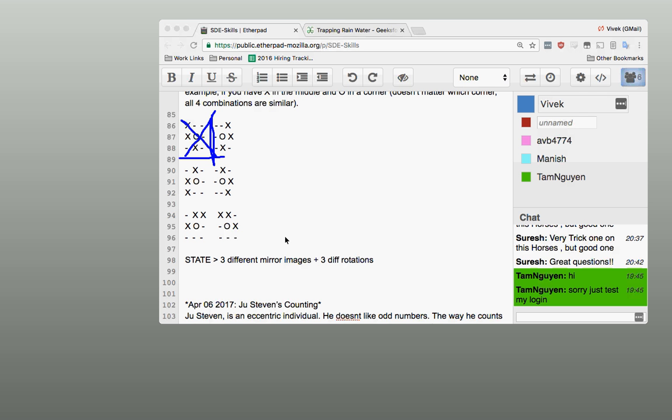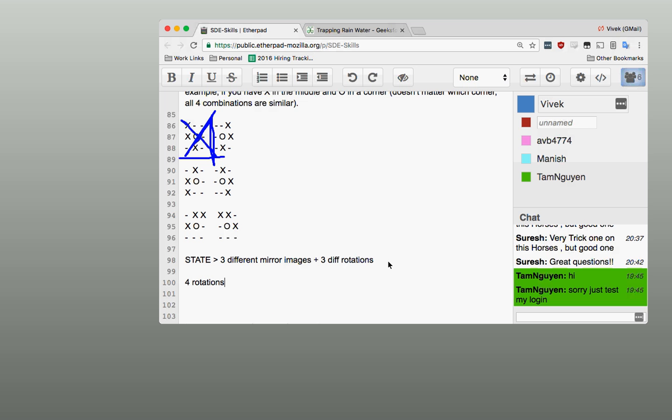So the way I was thinking about this was that you will essentially end up with 4 rotations total. Given the location, you have 4 rotations, and for each of the rotations, you have 3 additional mirror images, right?